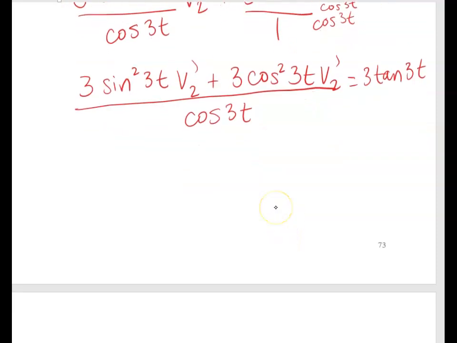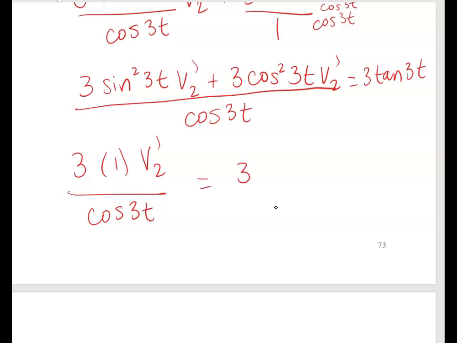You've got sine squared plus cosine squared, so that gives me 3 times sine squared plus cosine squared, which is just 1. So I end up with 3 times 1 times v2 prime over cosine of 3t equals 3 tangent, and tangent of course is sine of 3t over cosine of 3t. So just do sort of a little one-to-one correspondence here. They both have cosine 3t as the denominator.